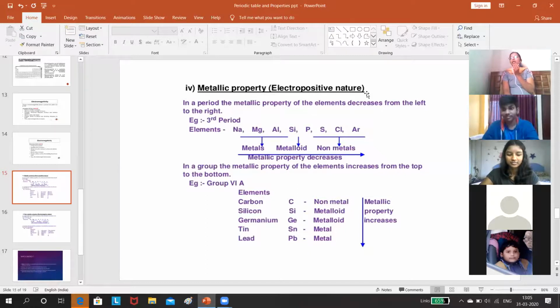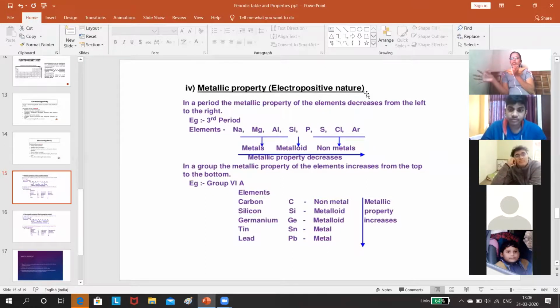Now I'll explain this one. If the attraction between nucleus and electron is more, can the electron be easily removed? No. If the attraction between nucleus and electron is very less, can the electron be easily removed? Yes, ma'am.